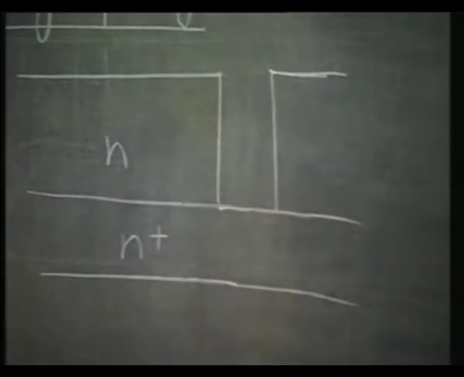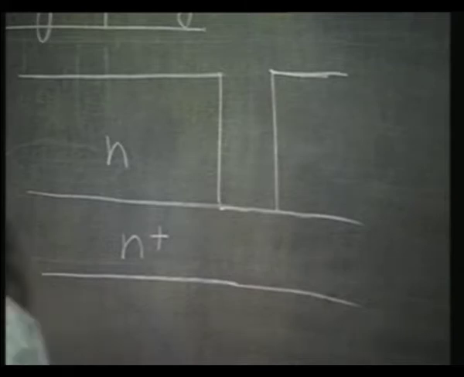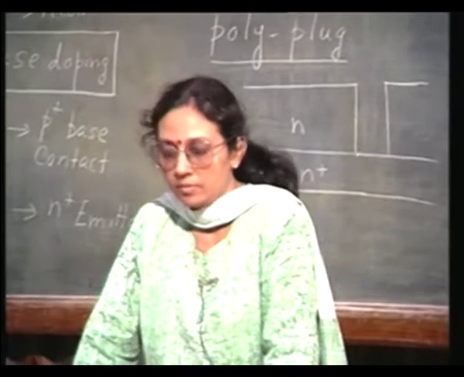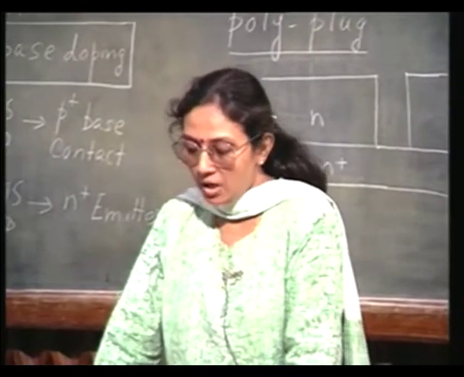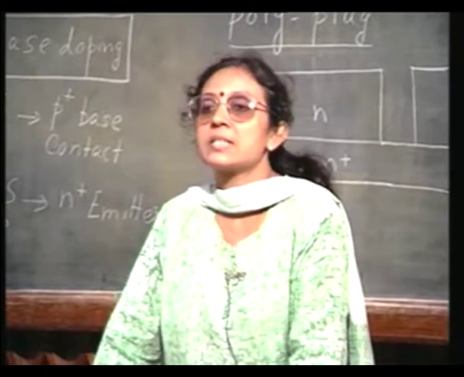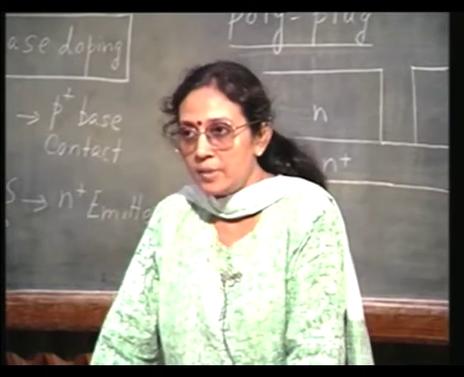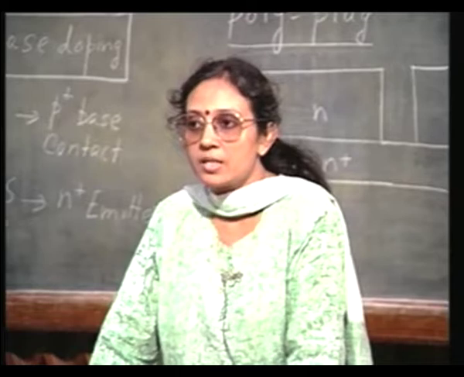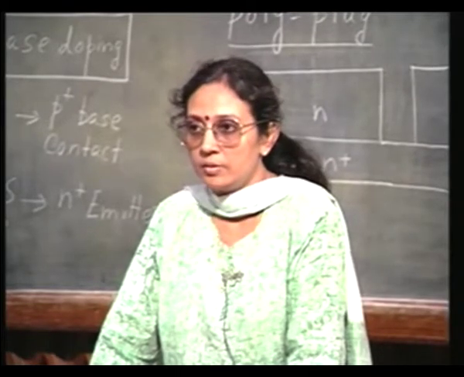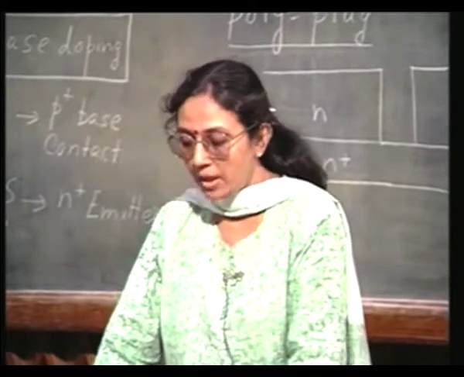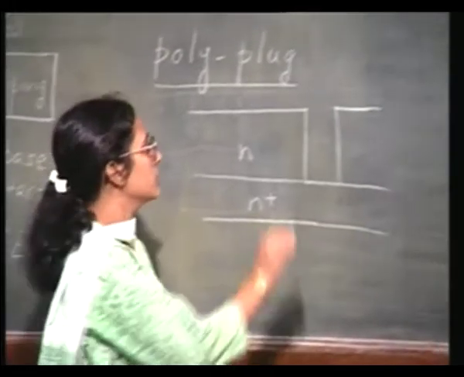Etch all the way down to the N plus region by means of dry anisotropic etching to have perfectly vertical sidewalls. Okay. And now, suppose we fill this trench by means of N plus polysilicon.